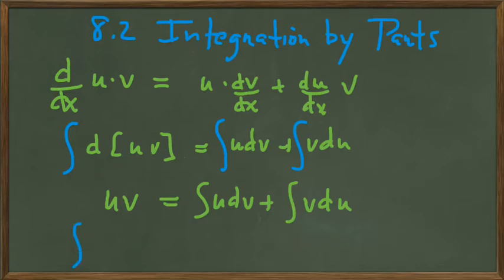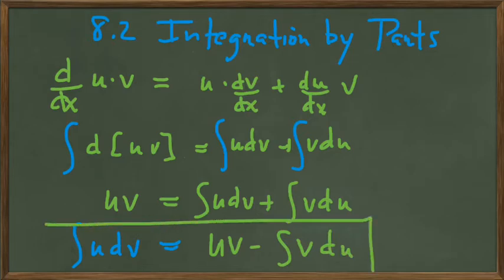The integral of u dv equals, solving for this term, uv minus the integral of v du. Let's put a box around that.